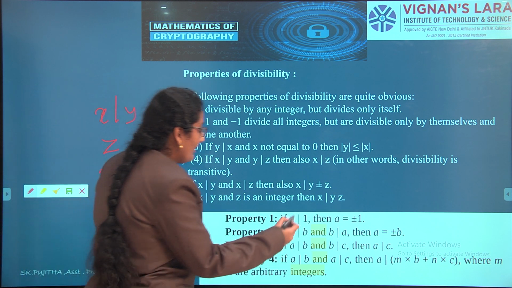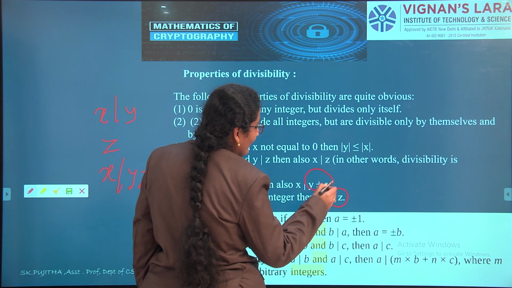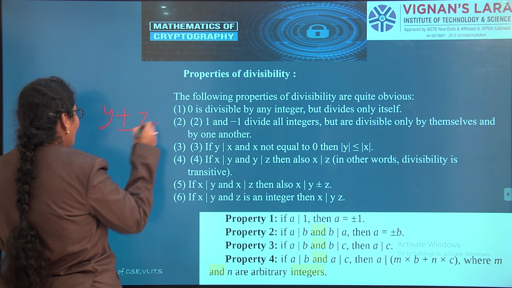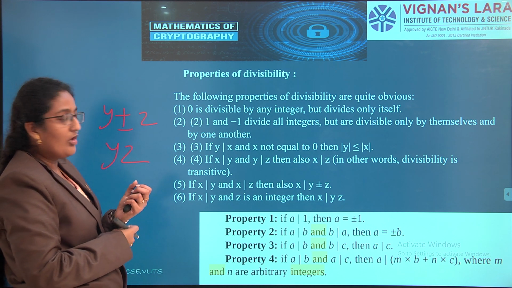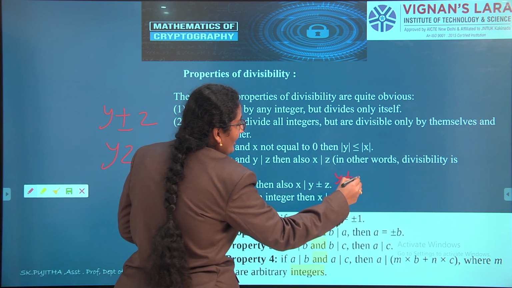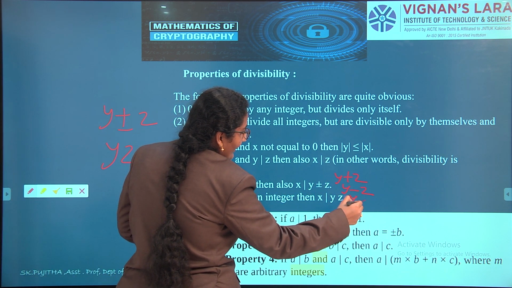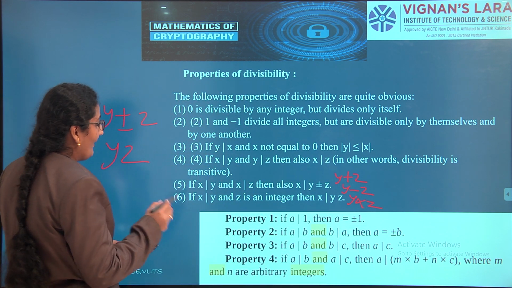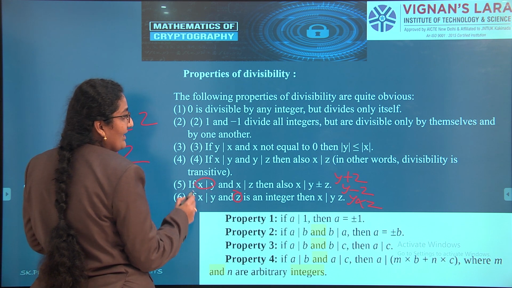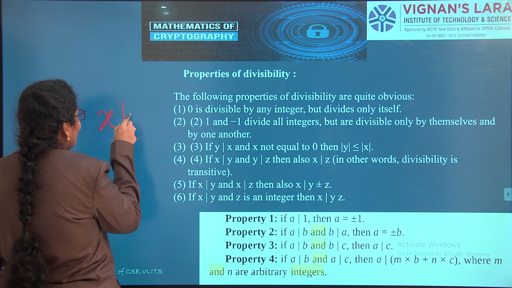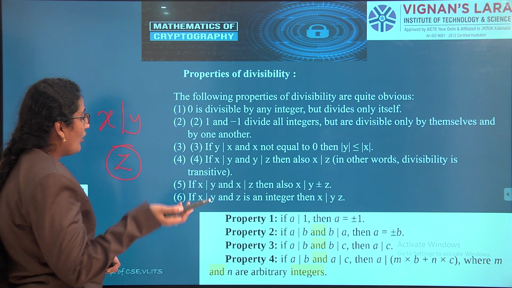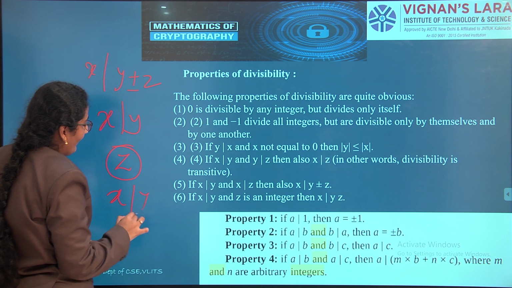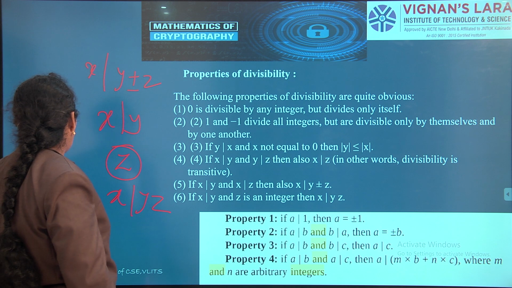So y plus or minus z or yz, addition, subtraction or multiplication. So our three operations, addition, subtraction, multiplication can happen when z is an integer and x mod y. These are the division properties.